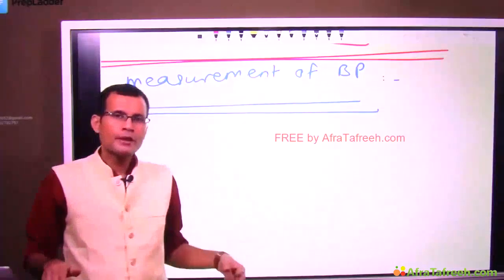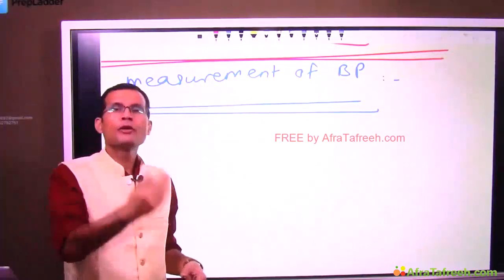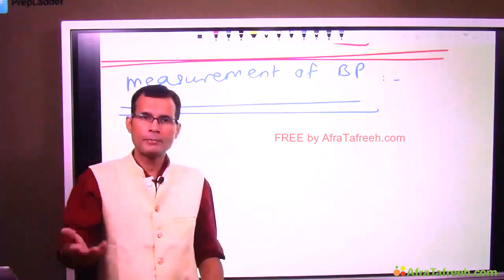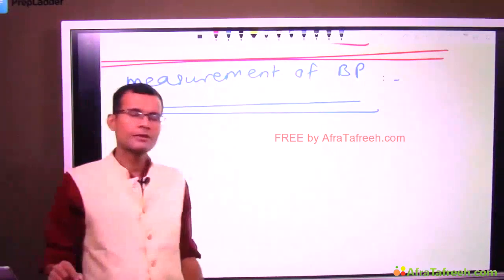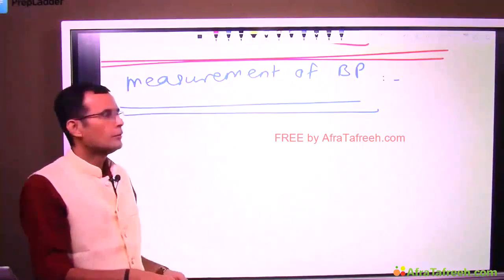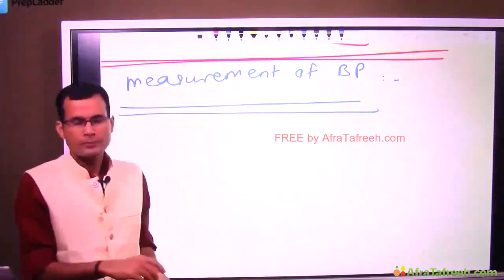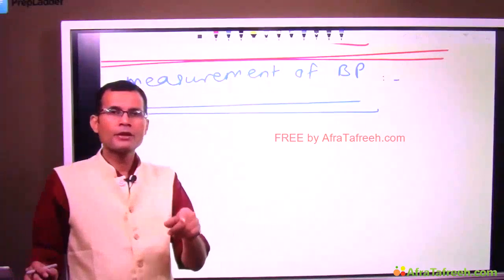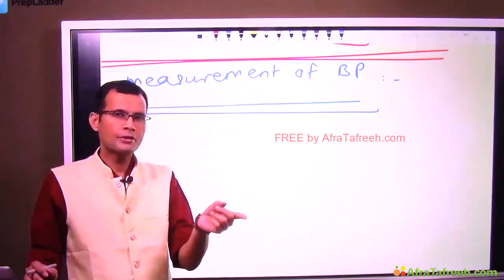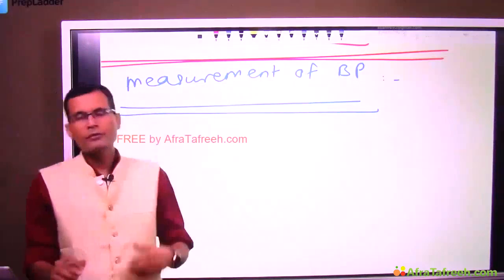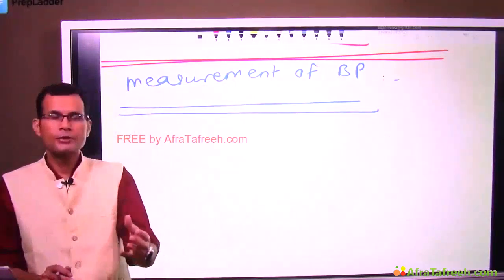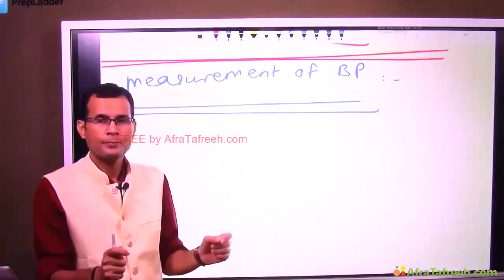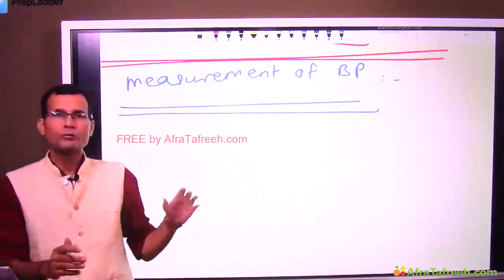So both pressures will be same, or sphygmomanometry will give you the lower pressure as compared to the intravascular catheter pressure measurement, direct pressure measurement, or depends on various factors. So what's your answer? Sphygmomanometry will give a higher pressure. Okay, it will be giving us a higher pressure as compared to the directly measured intravascular pressure. Okay, why? We will see that just now.